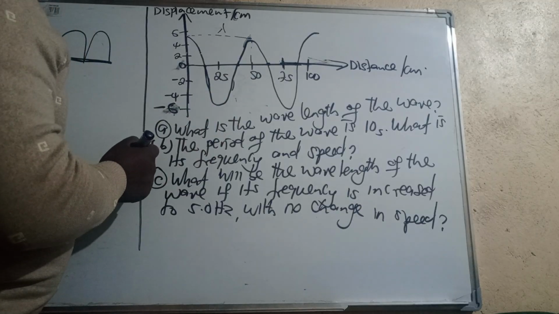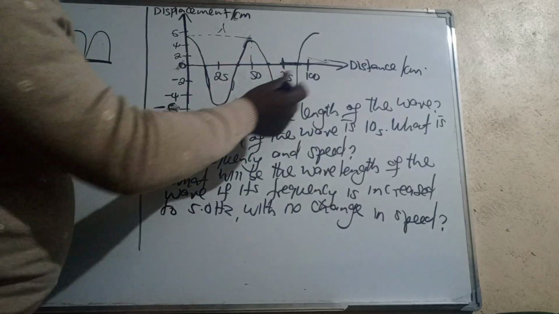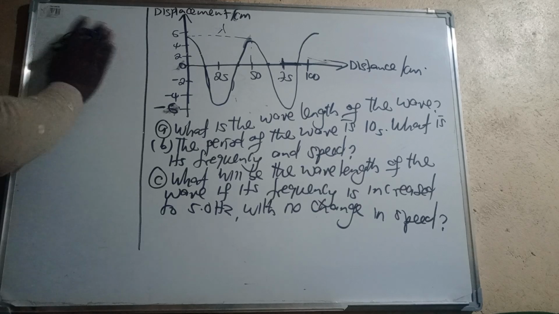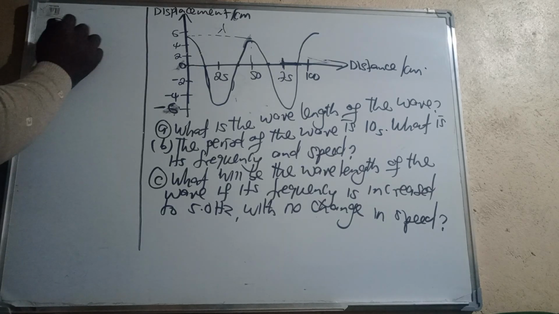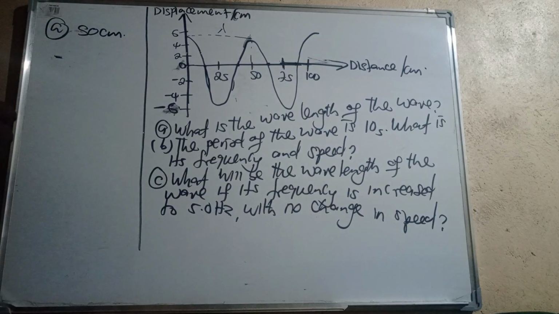So the wavelength is from here to here. Which number is it? 50. And it is 50 centimeters. So my first answer for A is 50 centimeters.